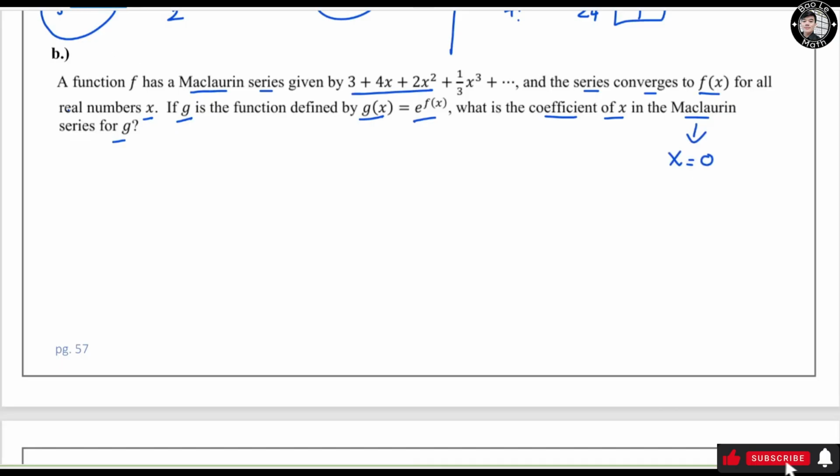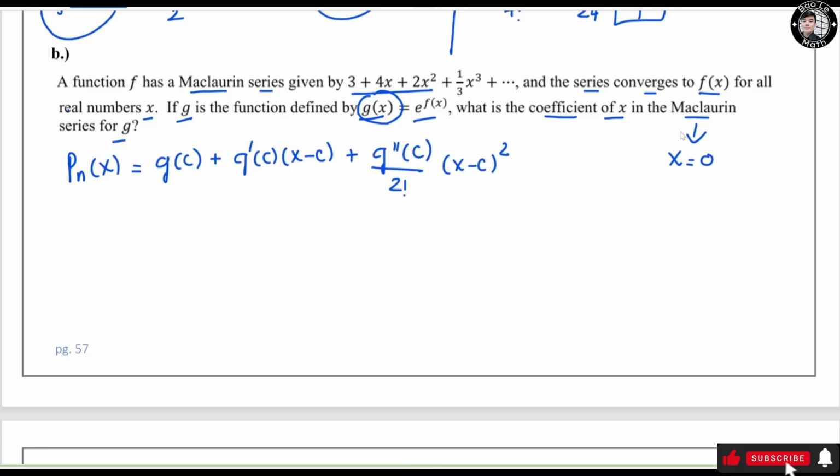Now we have the Taylor polynomial for this guy. It's going to be P_n(x) equals, and since we have the Maclaurin series, c equals 0.